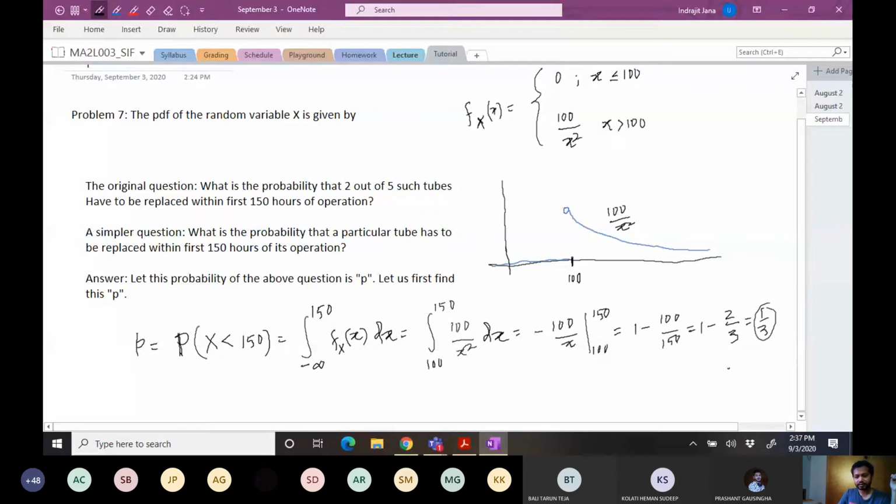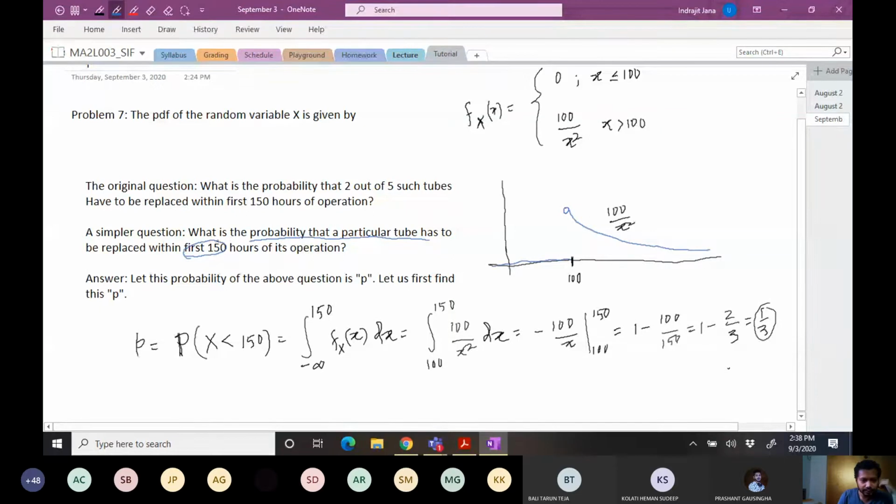Okay, so what is this quantity 1/3? It is the probability that a particular tube, or any tube, has to be replaced in the first 150 hours. But that is not the original question.